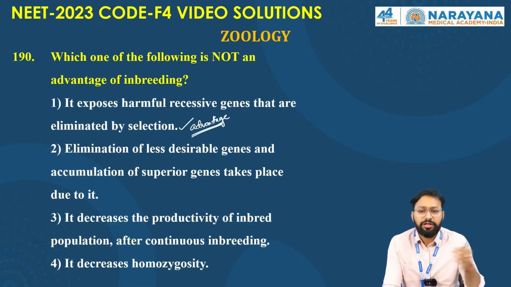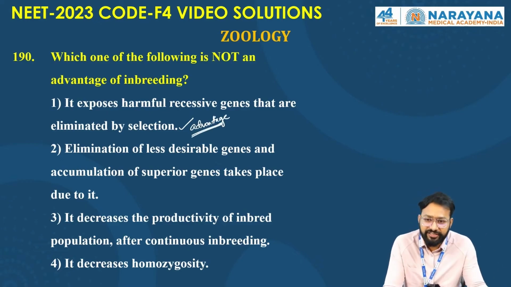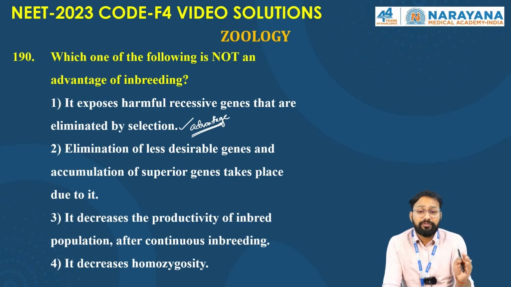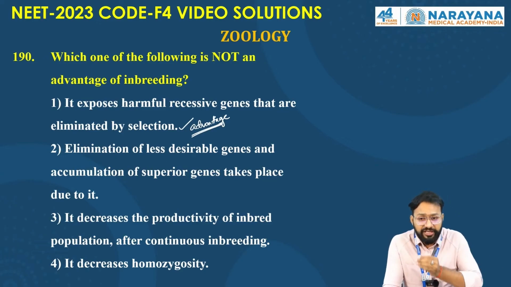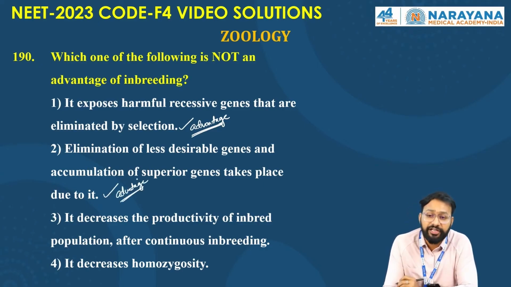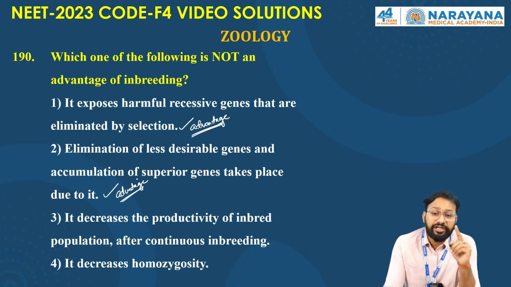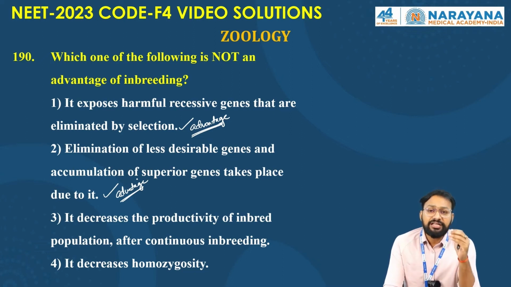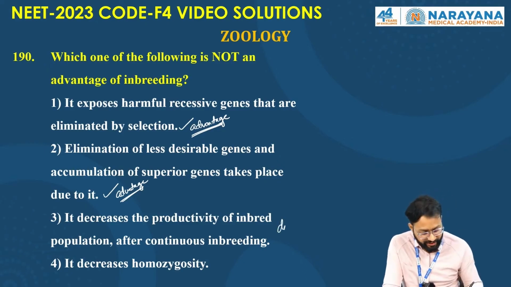So removal of less desirable traits, elimination of less desirable genes and accumulation of superior genes takes place. This is also an advantage of inbreeding. It decreases the productivity of the inbred population after continuous inbreeding. It is a disadvantage. Continuous inbreeding decreases productivity and fertility, which is a disadvantage.